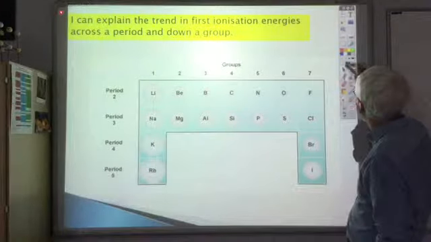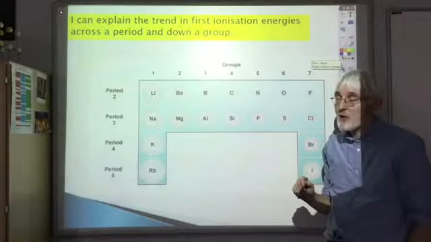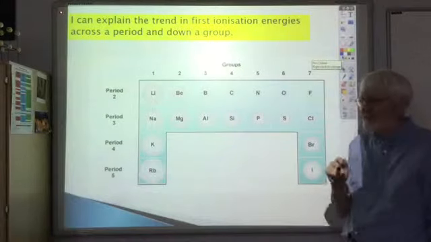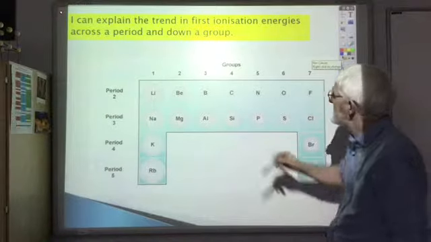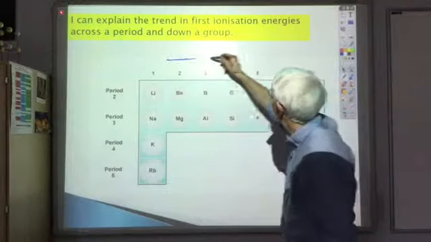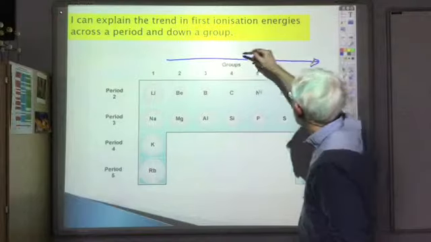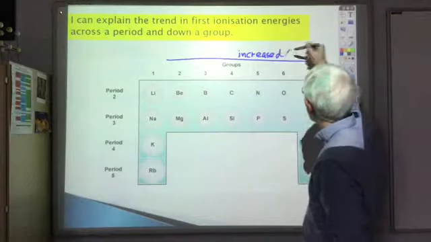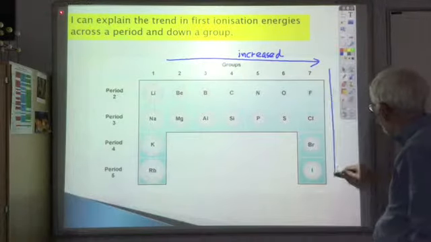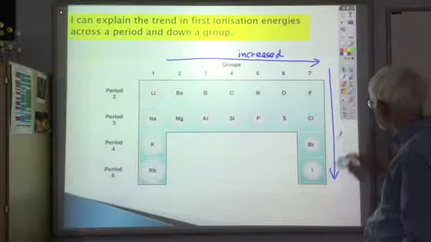Here is this pictograph of the atomic size. If we remind ourselves what the trend was in the first ionisation energy, as we went across a period, it increased, and as we went down a group, it decreased.